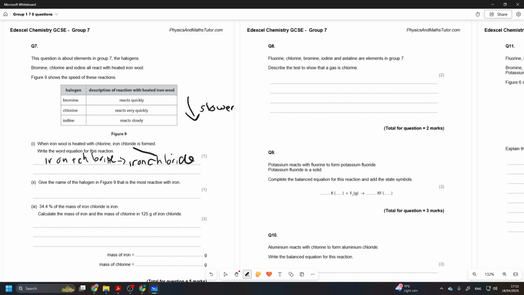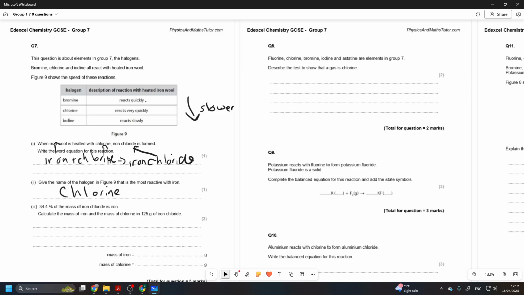All of that is in the question. Seriously, it's all there. Give the name of the halogen in figure 9 that is the most reactive. It's chlorine, because it reacts the most quickly. Very simply, reacts the most quickly.